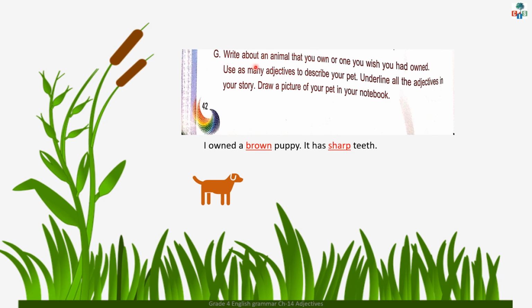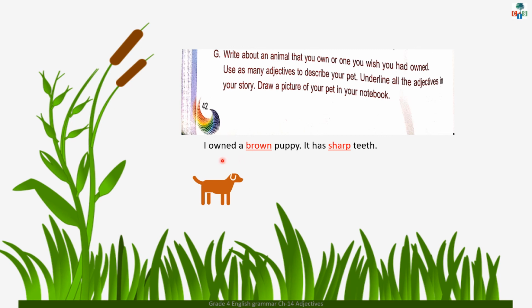Exercise G. Write about your animal that you own or one you wish you had owned. Use as many adjectives to describe your pet. Underline all the adjectives in your story. Draw a picture of your pet in your notebook. Now children, here you have to write a short passage about your pet and you have to use as many adjectives to describe your pet.